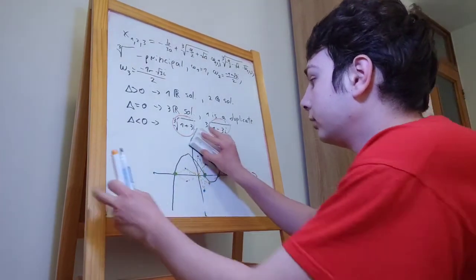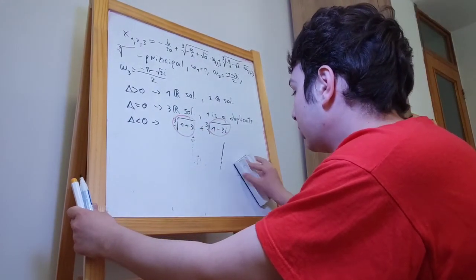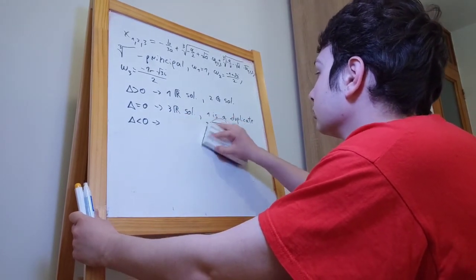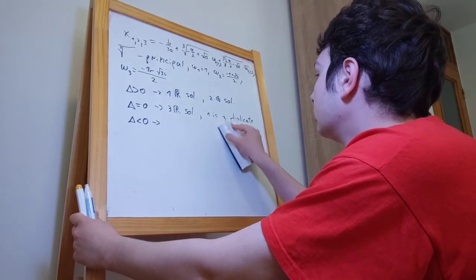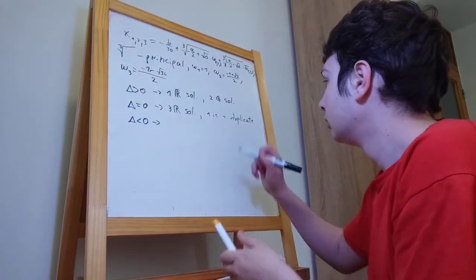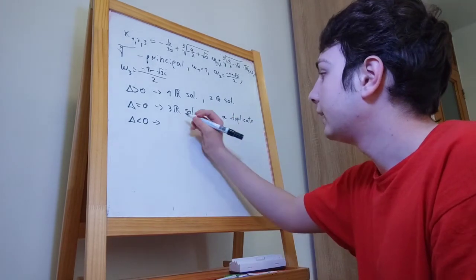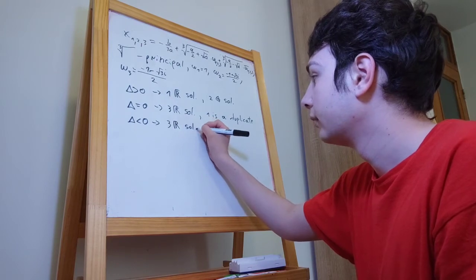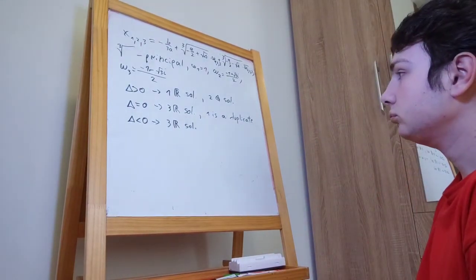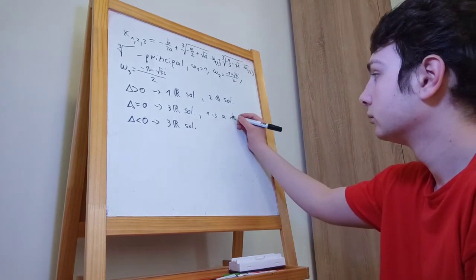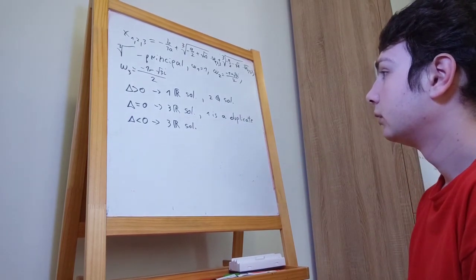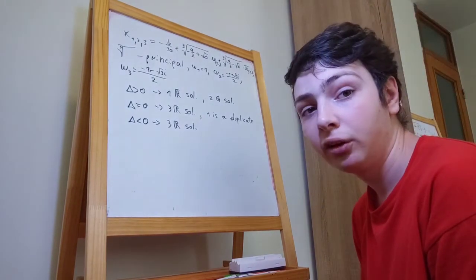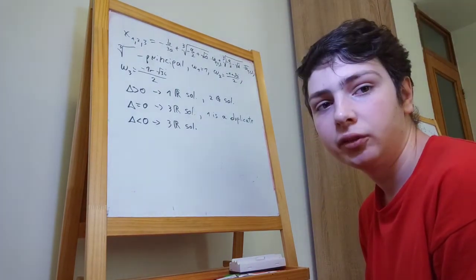When we have the discriminant delta smaller than 0, we get, simply put, 3 real solutions. And that's it. So, I hope this video was very informative to you.